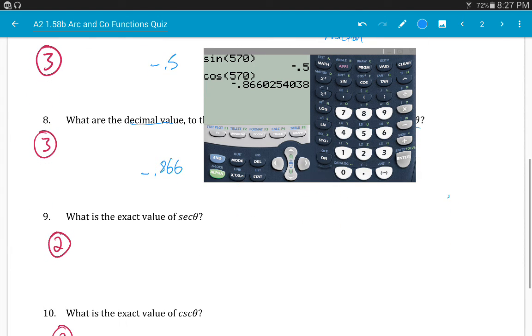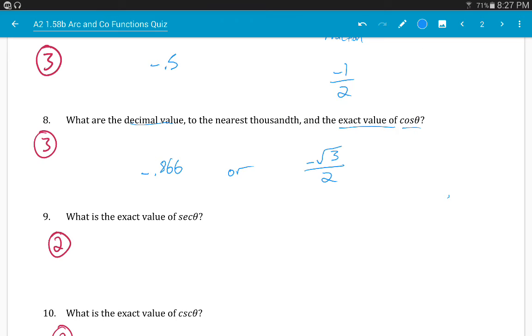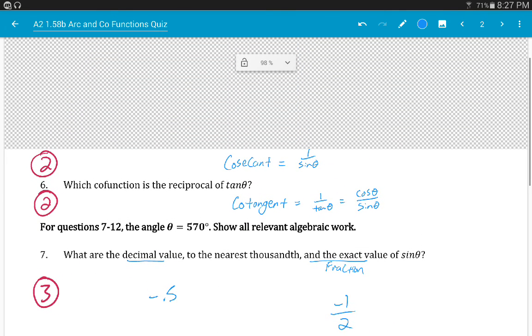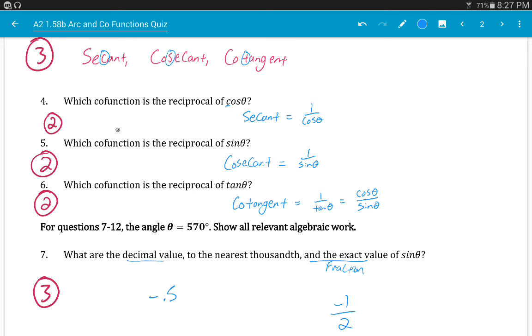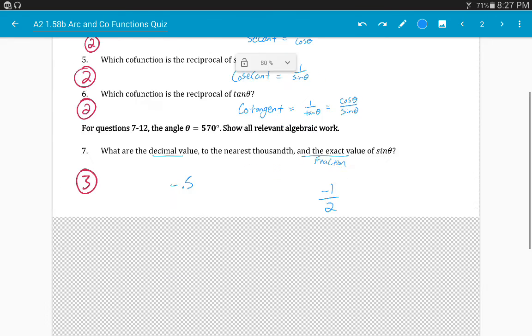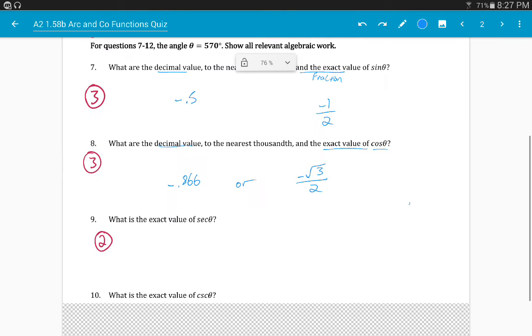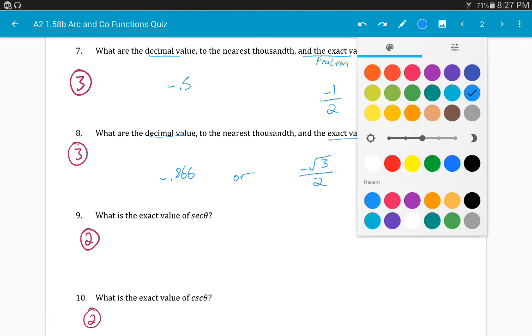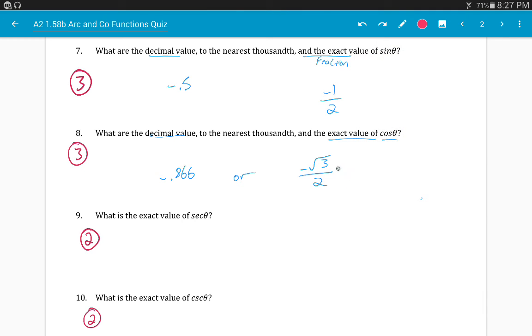Now what is the exact value of secant theta? Now if you remember up here, take a look. Secant, I wrote it out, secant is 1 over cosine. So let's see. When you do 1 over cosine, it's the same thing as saying to flip the fraction. So essentially if I take cosine and I flip it, that'll be secant.